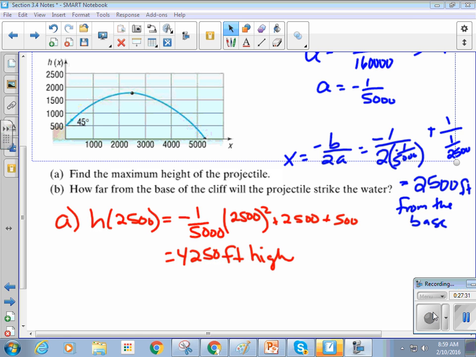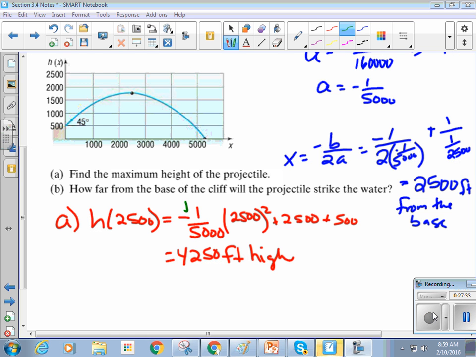All right, so in my calculating device, I did not put a negative in for my A value here. So when you put a negative in, you get 1,750 feet high. And that more closely matches what our graph is telling us.